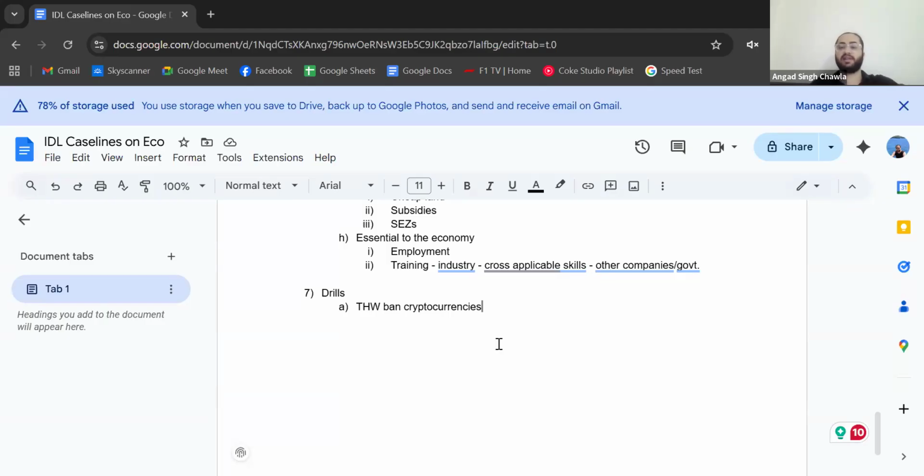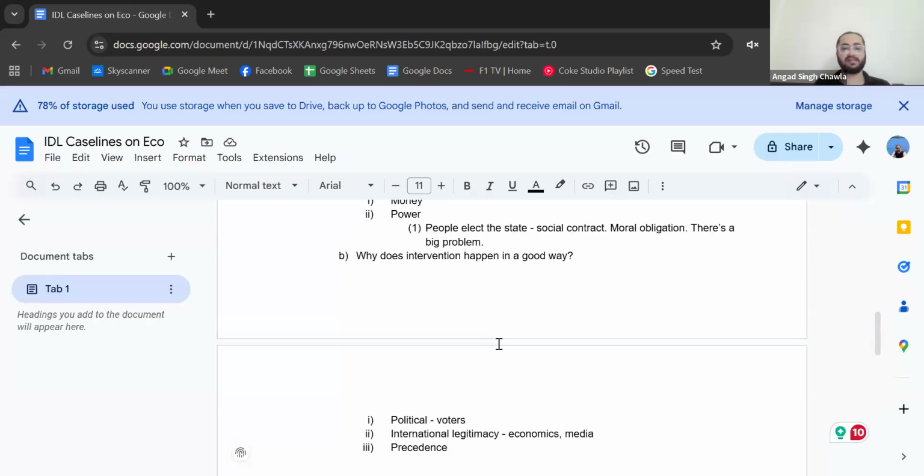Usually cryptocurrencies rely on anonymity, right? You can't know who has used this for what. And that's a harm as well, because if you do not know what people are using their money for, it can go to things like terrorism funding or criminal activities that you don't want people to do. And that's why banning cryptocurrencies is also required. So yes, that's a great impact to say that it's important to keep track of these things.